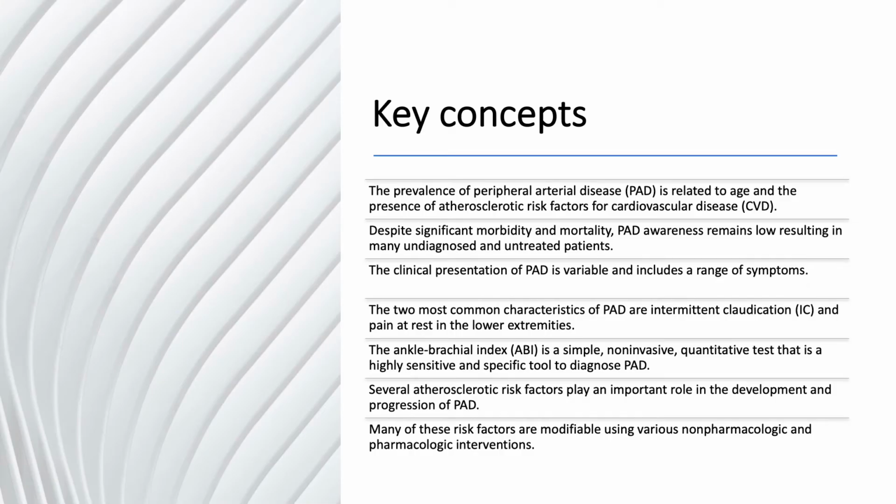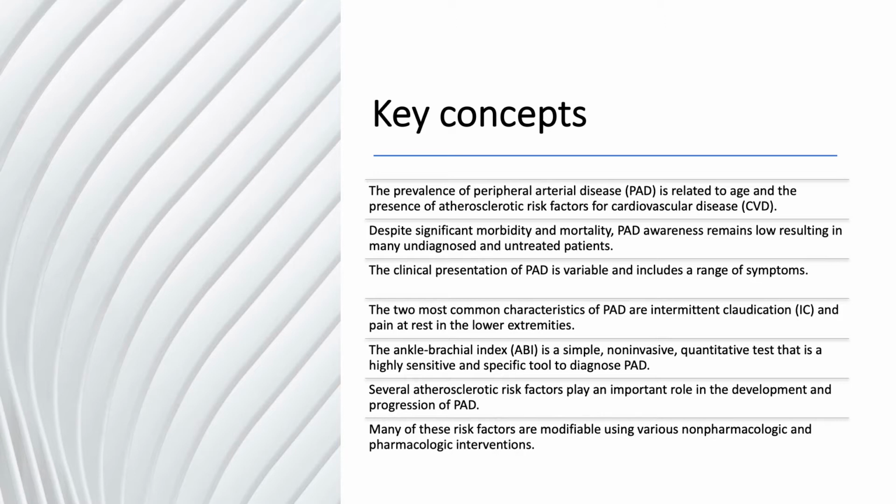So as the first part of the lecture, I would like to highlight some of the key concepts with regards to this topic. The prevalence of PAD is related to age and the presence of atherosclerotic risk factors for cardiovascular disease. Despite the significant morbidity and mortality, PAD awareness remains low, resulting in many undiagnosed and untreated patients. The clinical presentation of PAD is variable and includes a range of symptoms.